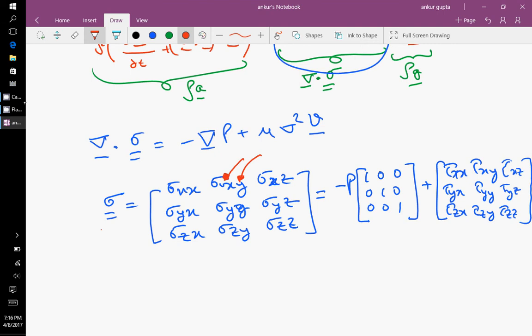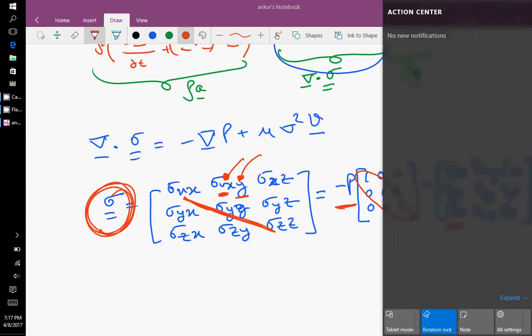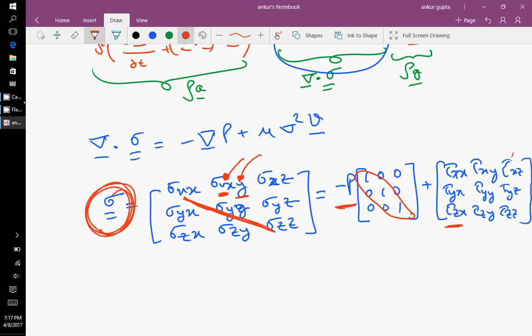And we say that the surface stress tensor sigma has two parts, the pressure part and the shear stress part. The pressure part only has diagonal elements because the pressure force is only normal. So the surface normal direction and the force direction are the same only in the diagonal elements. That's why this only has diagonal parts. Tau in general has all 9 components.